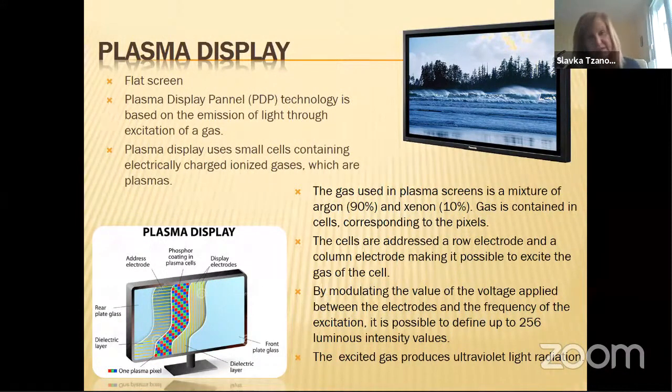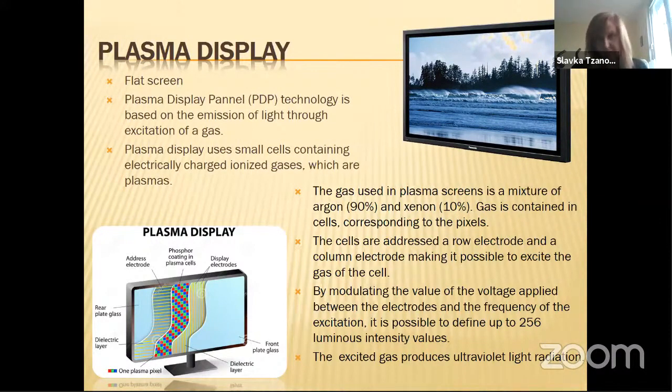The next displays that appeared were the plasma displays. Some people, even nowadays, say, I will watch my plasma. They don't exist anymore. They are no more used. It was the first flat screens. The technology PDP, plasma display panel, was based on the emission of light through excitation of a gas.